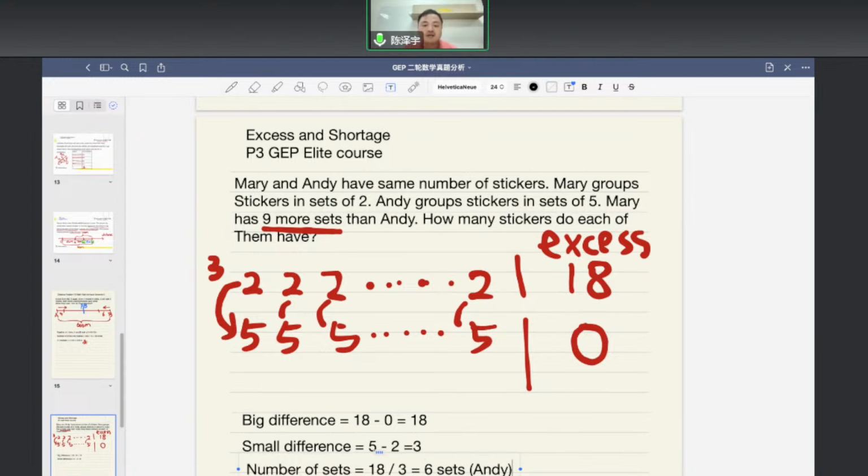So now I know Andy has 6 sets and each set contains 5 stickers. So Andy's stickers will just equal 6 sets times 5 in each set, equal to 30 stickers. So this is our answer. This 30 stickers is also equal to what Mary has.